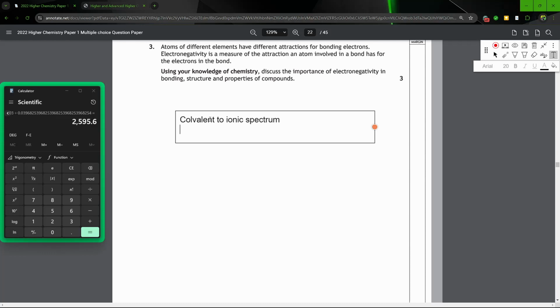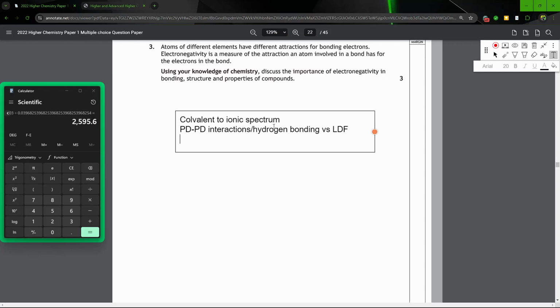But you can also say stuff about PDP interactions / hydrogen bonding versus LDFs. You can say, okay, well, if you've got a bigger difference in electronegativity, you can have stronger intermolecular forces.